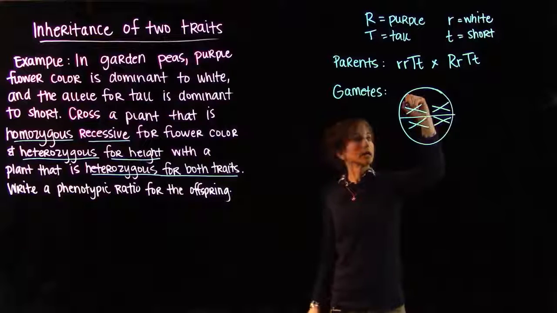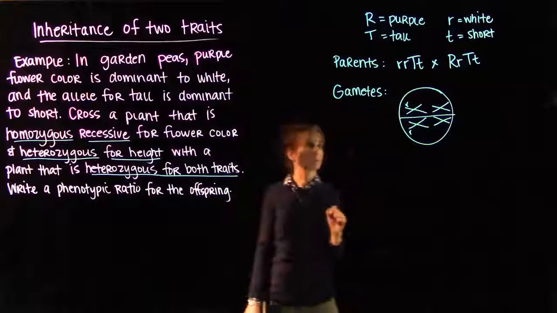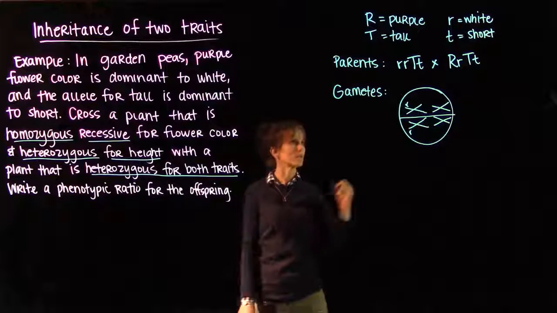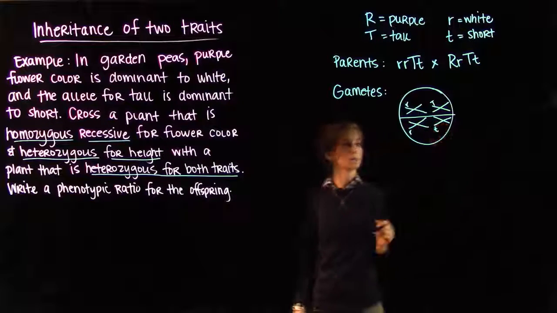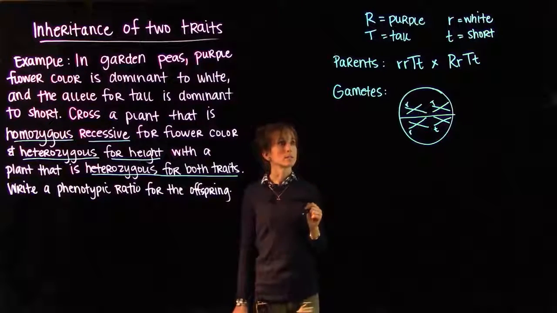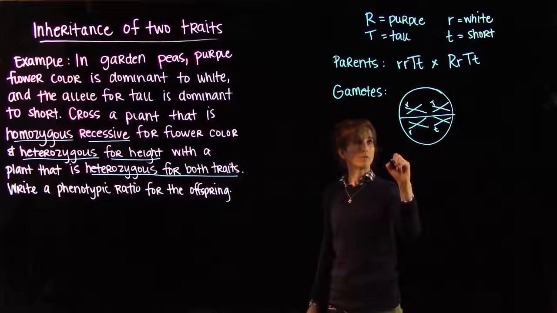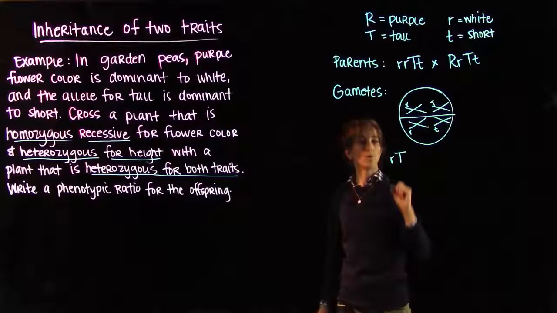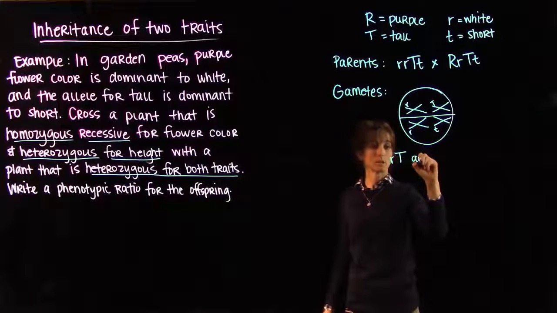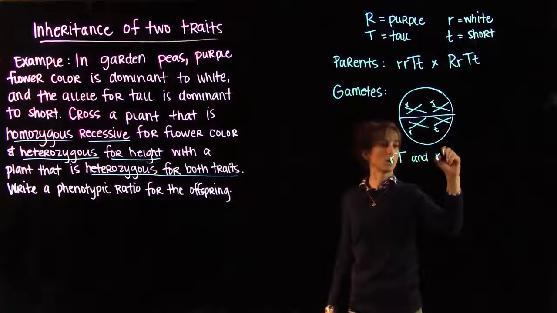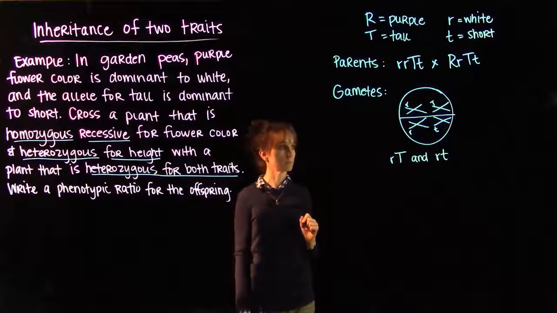So if there is a little r on that chromosome, there is a little r straight across from it. If there is a big T on this chromosome, there's a little t across from it. So what we can see is that parent 1 is going to produce gametes that have a little r with a big T, and a little r with a little t. Those are the two possible combinations.